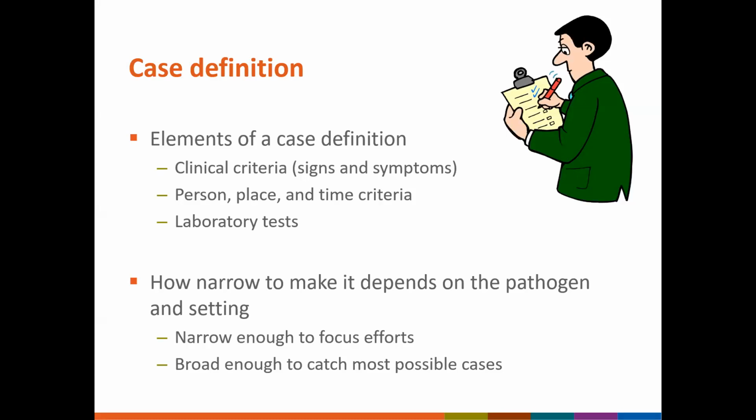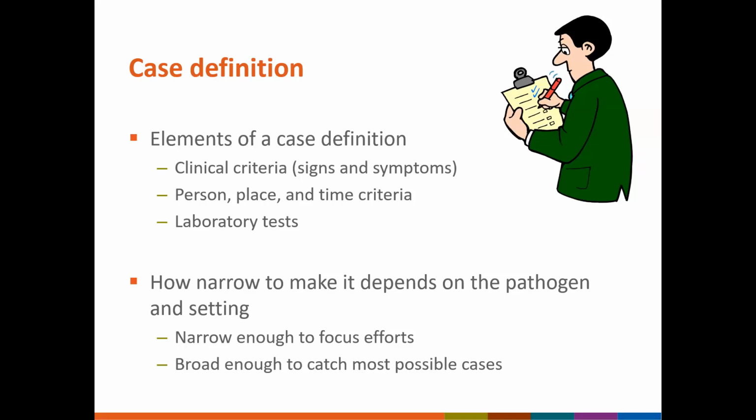You should have the laboratory test included in the case definition as far as an HA outbreak is concerned. You have to decide how narrow or how broad your case definition should be. If you make it very broad, it will be very sensitive and you will have n number of cases. If you make a very narrow, focused case definition, many times you might miss real cases.